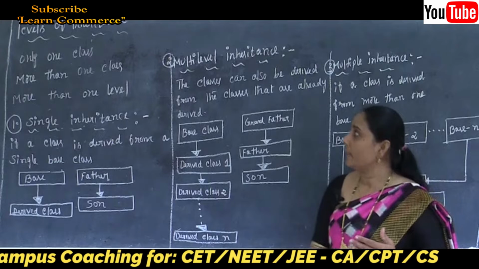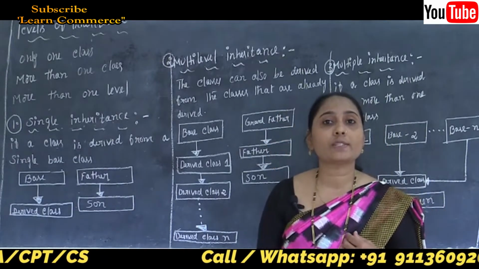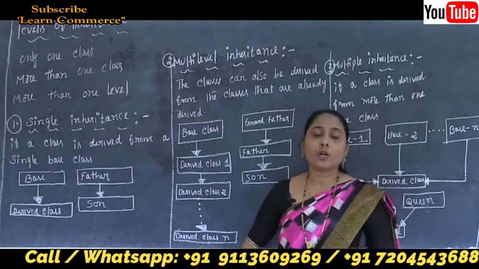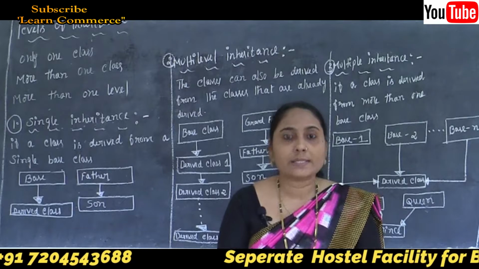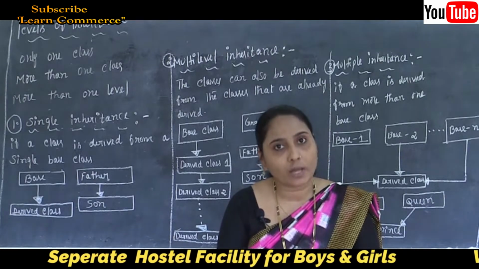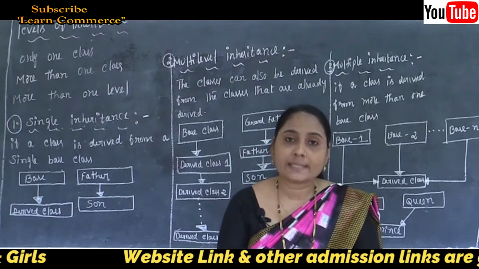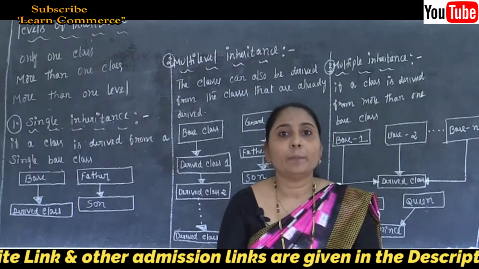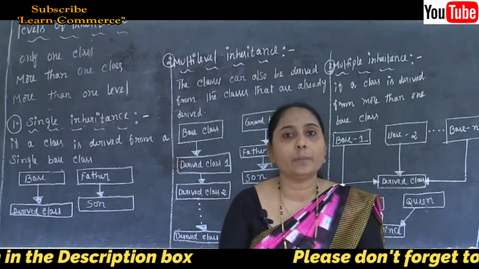Now, let's see the next important concept, called the levels of inheritance. We have a base class, and also one more class, the derived class. Such a derived class extends its features by inheriting some or all of the properties from its base class.